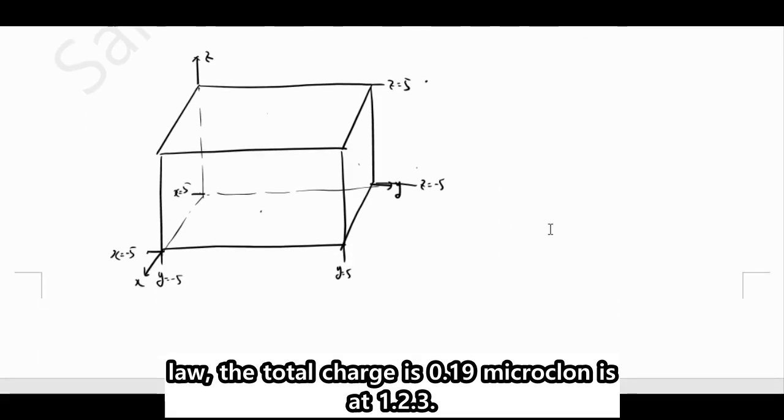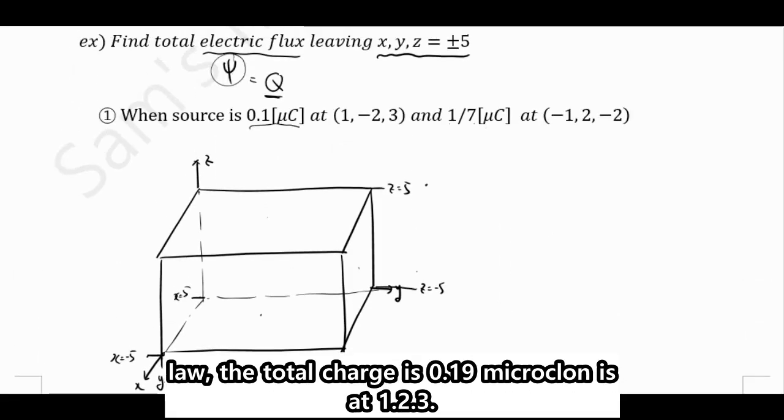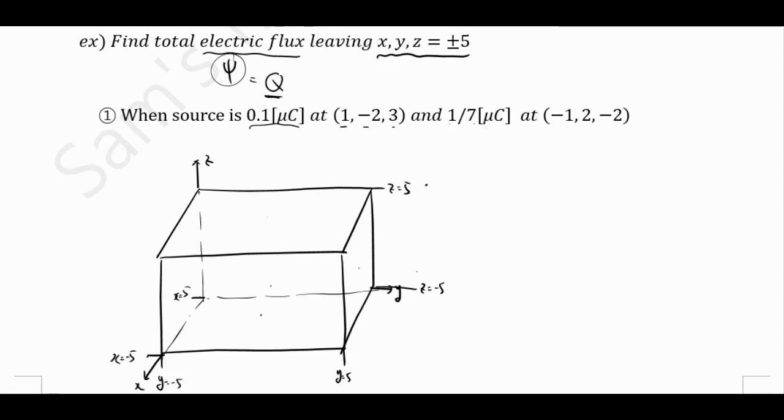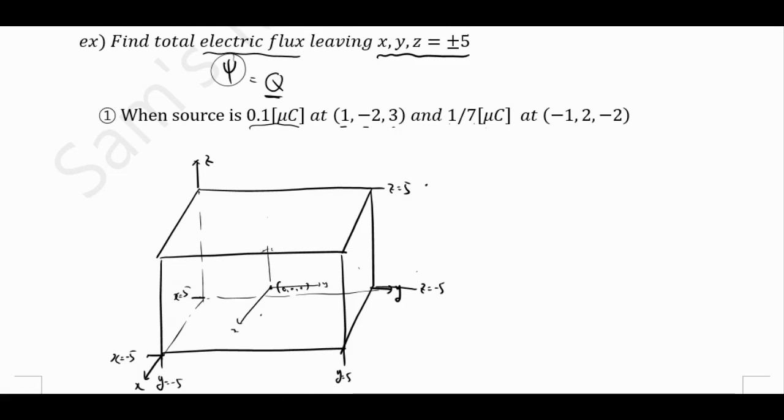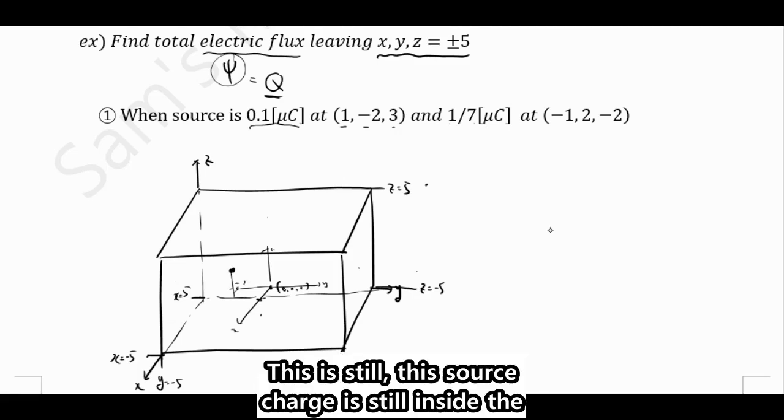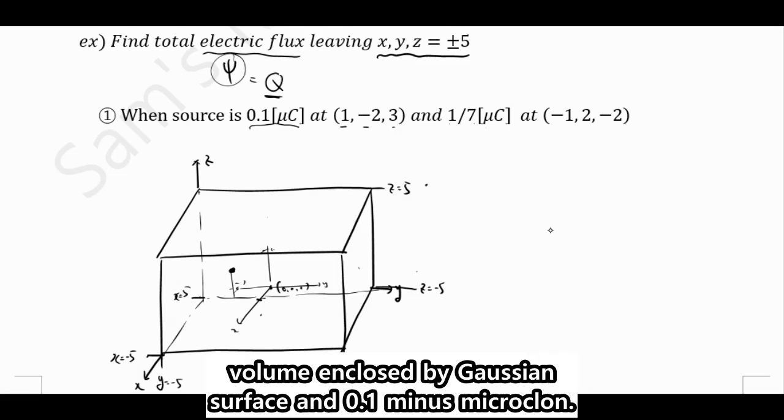The total charge: 0.1 microcoulomb is at the point 1, minus 2, 3. This is the origin, and x, y, and z. This source charge is inside the volume enclosed by the Gaussian surface.